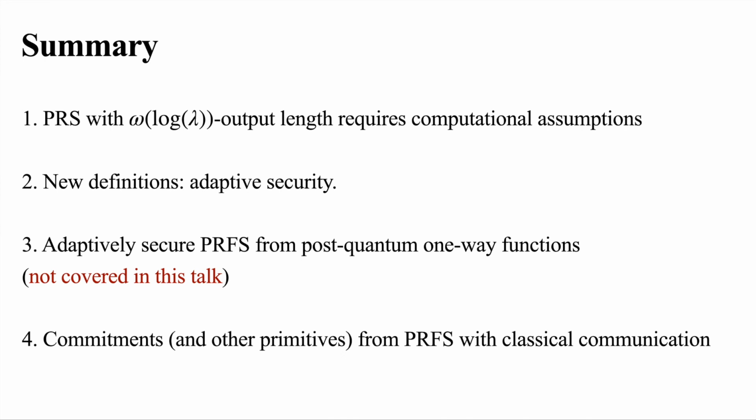One thing I didn't talk about is how to construct adaptively secure PRFS from post-quantum one-way functions. And finally, we also saw how to construct commitments from PRFS with classical communication. The same idea of using tomography to make communication classical can also be used to construct encryption from PRFS with classical communication, that I didn't cover. And this concludes this talk.